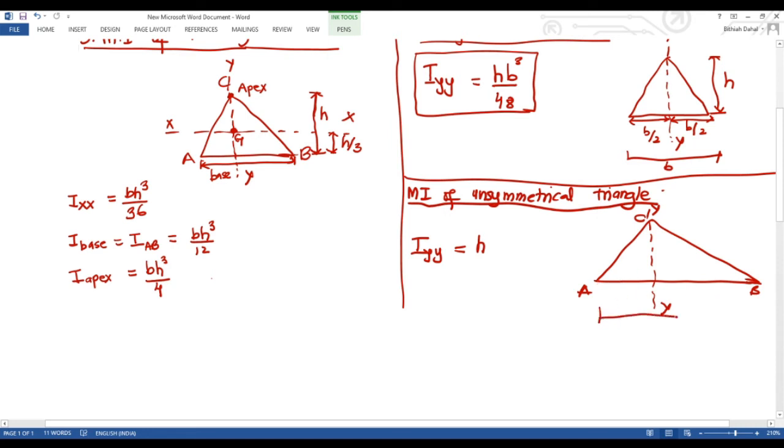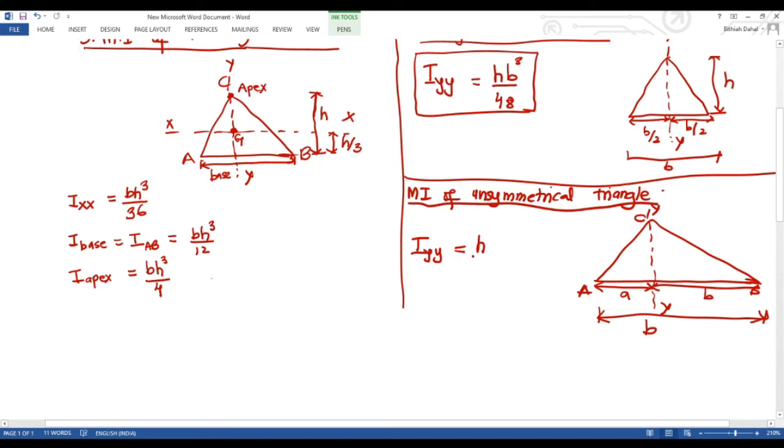This is my total base. Now this length is not equal to this length, so let us say this length here is A and this length here is B, because both of them are not equal.